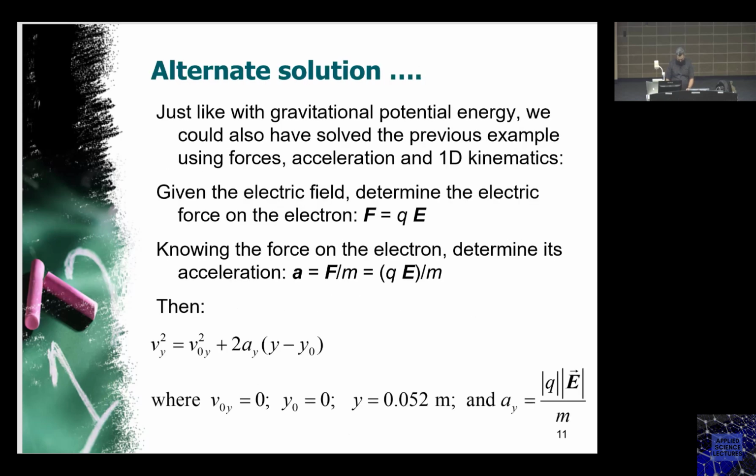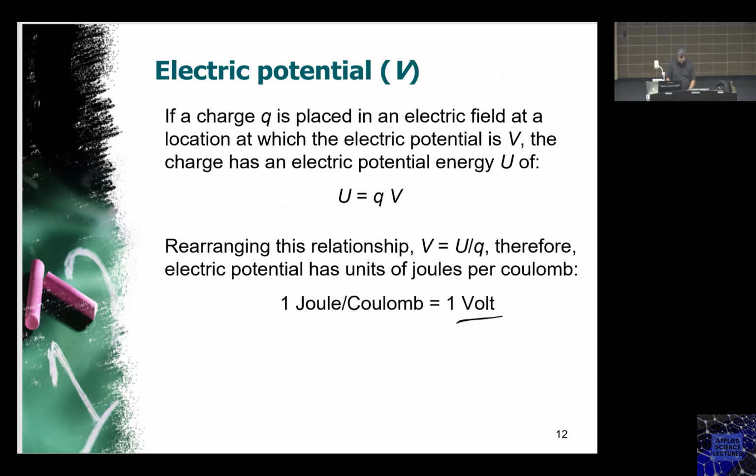Okay, so again, finding the acceleration will later on allow you to use the kinematics equations to calculate either displacements or the velocity. It depends on what you are looking for.